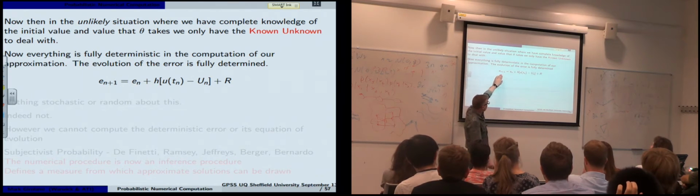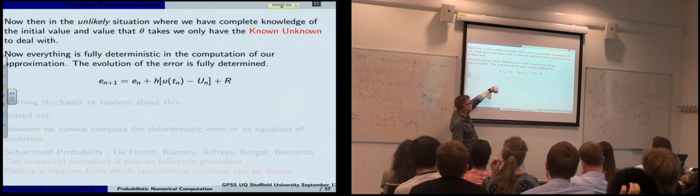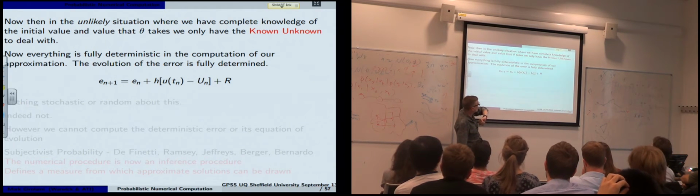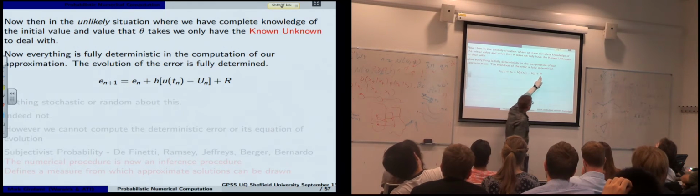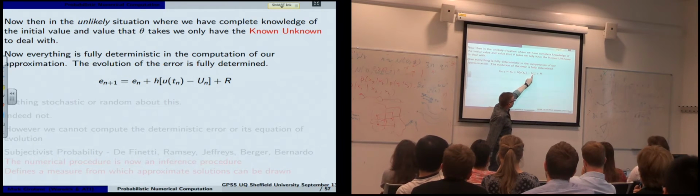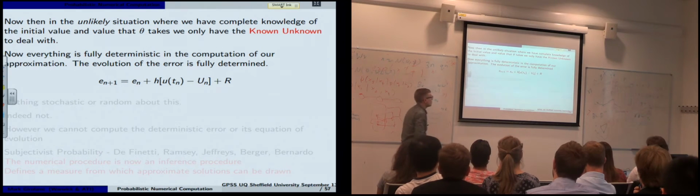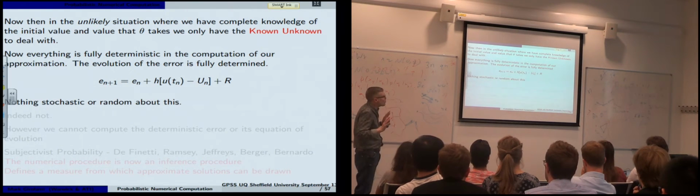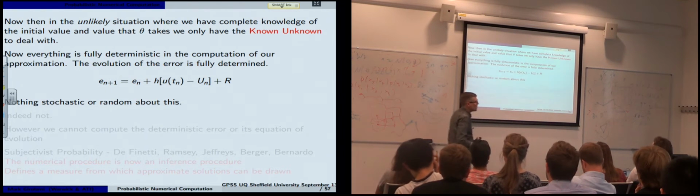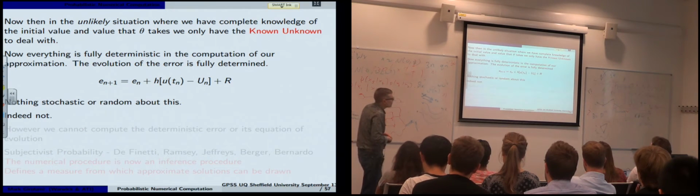So the error that we make at discrete time point n plus 1 is just going to be the error at the previous time step plus some residual term, and then the mismatch between the numerical approximation at time n and the true value scaled by h. So there's absolutely nothing random about this. This error develops and evolves completely deterministically. Right? Nothing stochastic about it.